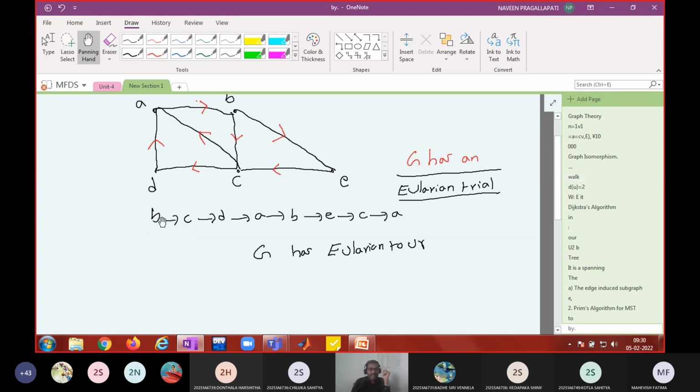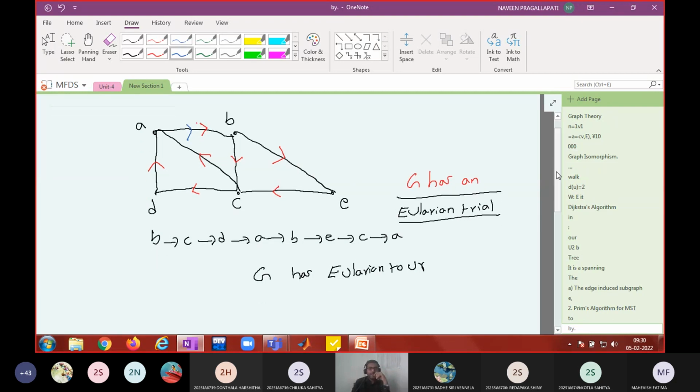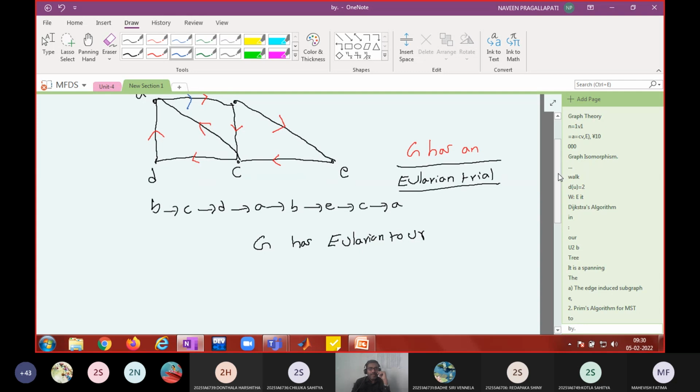Here the initial vertex is different from the terminal vertex. I covered all the edges up to A, but if I want to come back to B, you have to use this edge one more time. All the edges are covered, but you are not able to come to the original point, right?